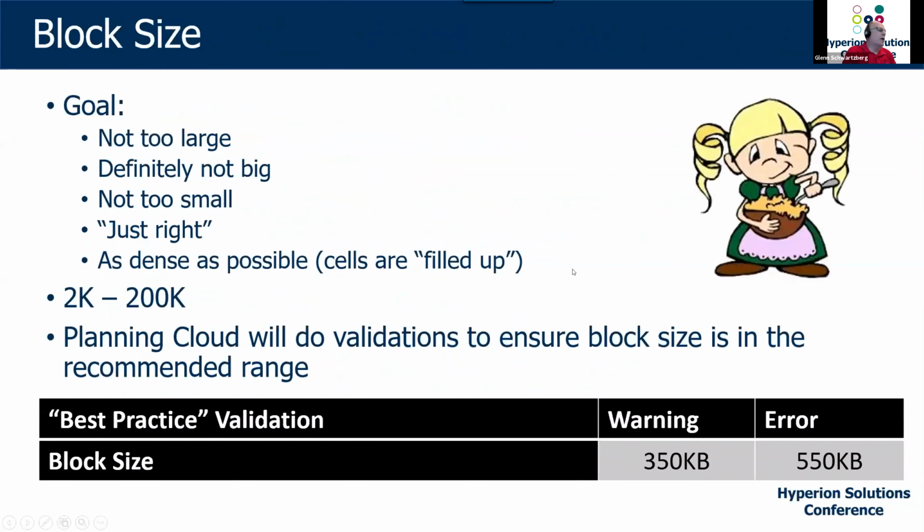So our goal is actually to have an optimal block size. We don't want it really big, and we don't want it to be too small. I've seen it where I had a block that basically was 8 bytes, because they had a single member in the block. So we want to make it so the block gets filled as much as possible.